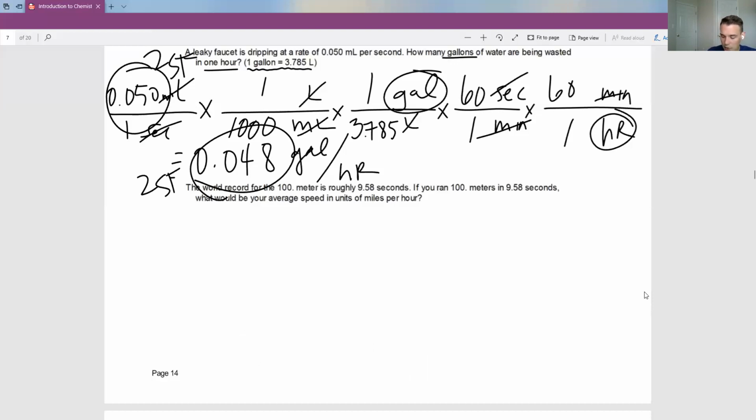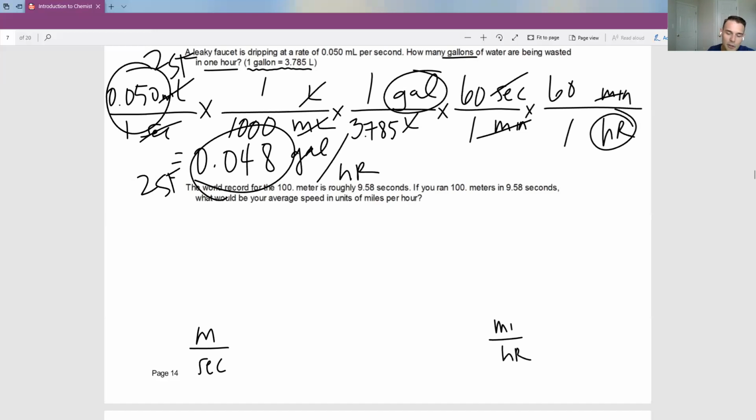If you ran 100 meters in 9.58 seconds, what would be your average speed in units of miles per hour? So we're going from meters per second. We want to go to miles per hour.